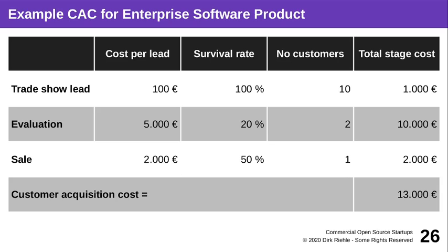And so let's assume I'm calculating backwards from one sale that we look at 10 such leads, so 10 potential customers. So then we know the cost for those 10 customers was 1,000 euro.